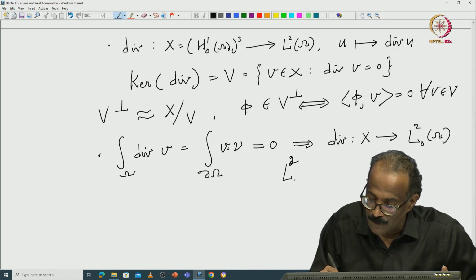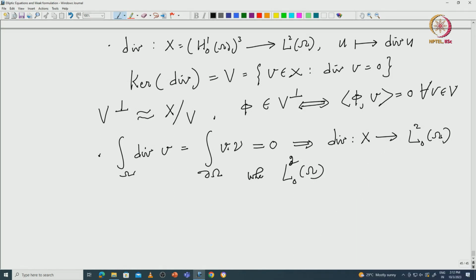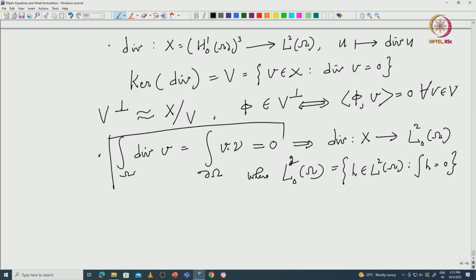L2 0 of omega is equal to the set of all H in L2 of omega such that the integral of H is equal to 0. So, you see the integral of div V is always 0, so div V is a mapping into L2 0.